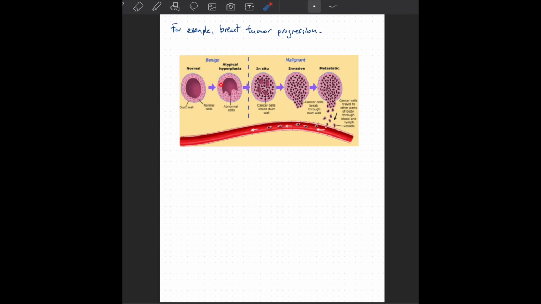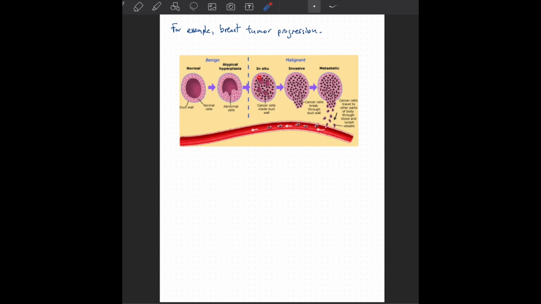In other words, the genomes become unstable, and those cells start to look hyperplastic, so that means that they're growing faster than what you would expect, and they start to take on morphologies under the microscope that do not look like normal epithelial cells per se, and they grow into that duct, and that's what you get, an in situ cancer, where it gets filled with cells, and at this point it's not really considered a life-threatening disease, but it is cancer.